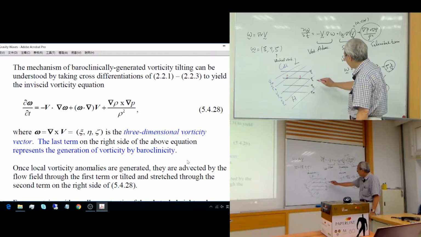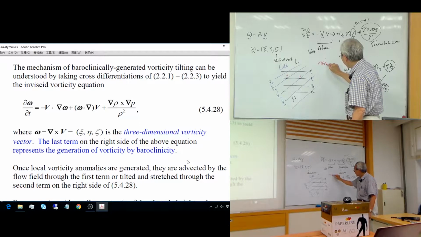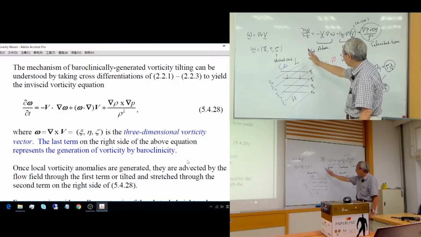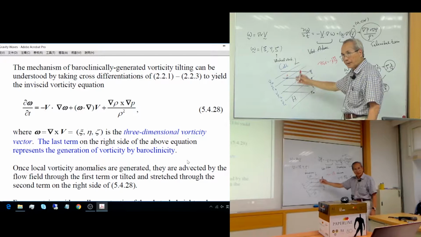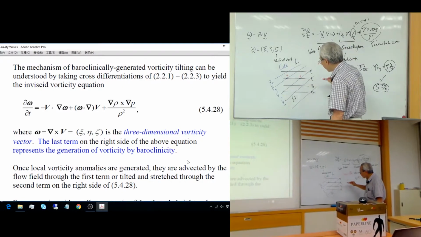This is the PGF. So PGF equals negative 1 over rho, partial P partial y, because the pressure gradient is in the east-west direction.